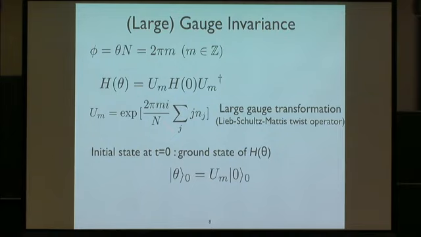This is useful because if you know the exact ground state of H0, the Hamiltonian without any flux, you can easily, at least formally, give the exact ground state for the Hamiltonian with flux. If you have the ground state for zero flux, you just apply this twist operator.